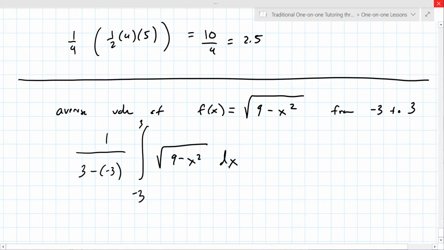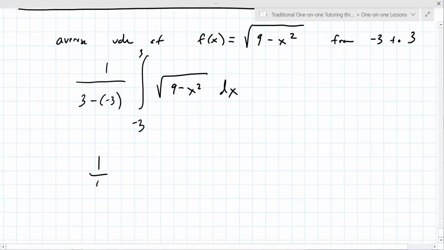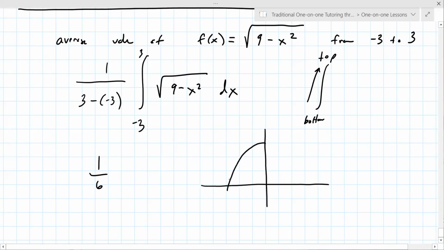So it's 1/6. Wait, so for integrals, the first number always goes on the bottom, right? Yes, it's bottom to top that way. Okay. So this right here is a circle of radius 3, but it's only a semicircle.